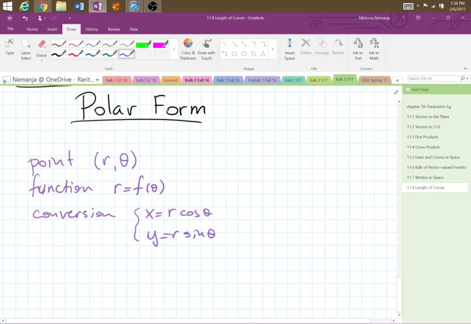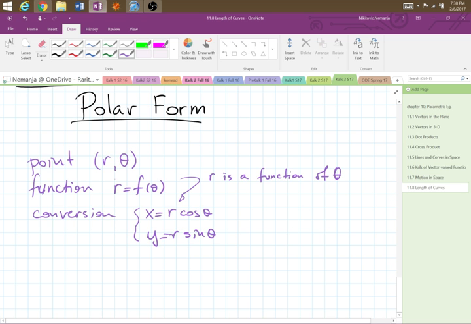But for this pair, you see this r is a function of theta, which means that every time you take a derivative of this, you have to use the product rule, because you have r, which is a function of theta, times cosine theta, which is also a function of theta. So everything is over here as a function of theta.